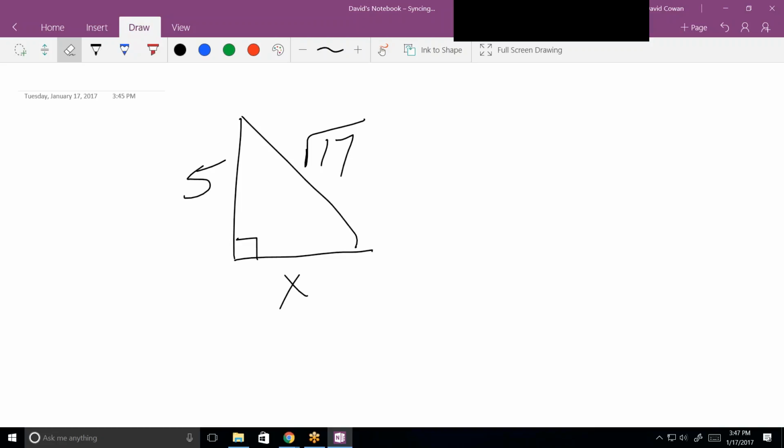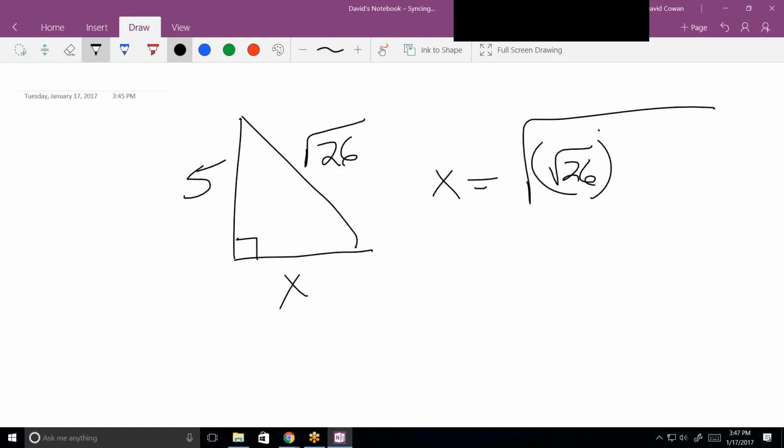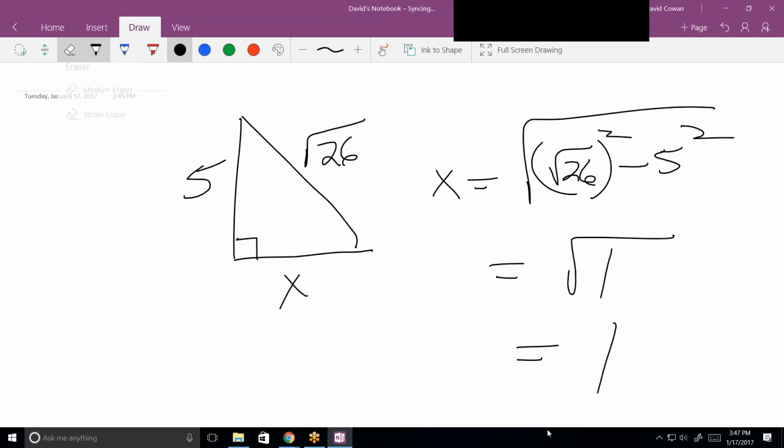If I make this 26, now it works, because now x is the square root of 26 squared minus 5 squared, which is the square root of 1, which is 1. So always remember, the hypotenuse has to be the largest of the three sides. And if it isn't, you'll end up trying to take the square root of a negative number.